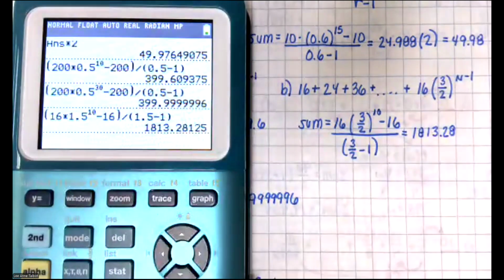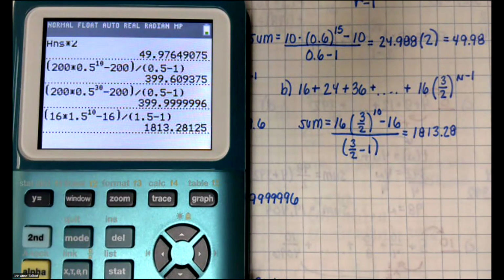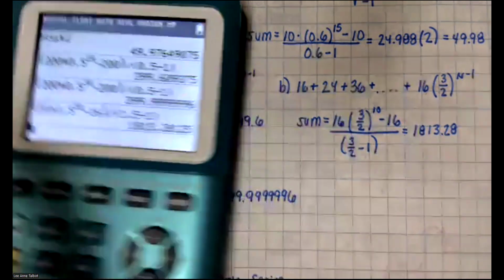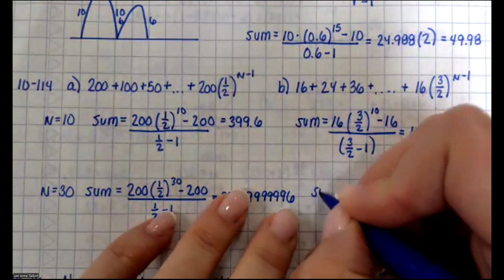Yeah, it's kind of inconclusive. Do you get the feeling that that's getting really close to any certain particular number? Not really. Let's see what happens with 30.